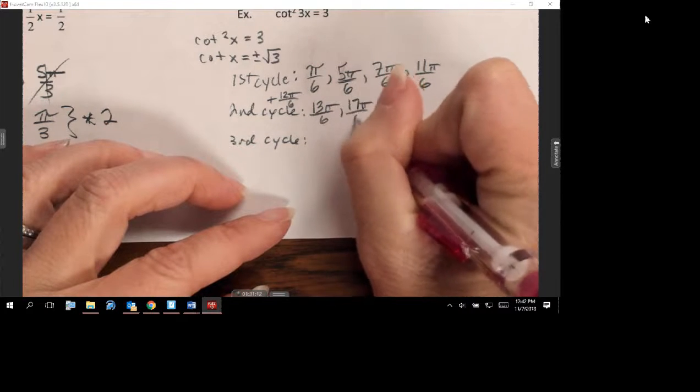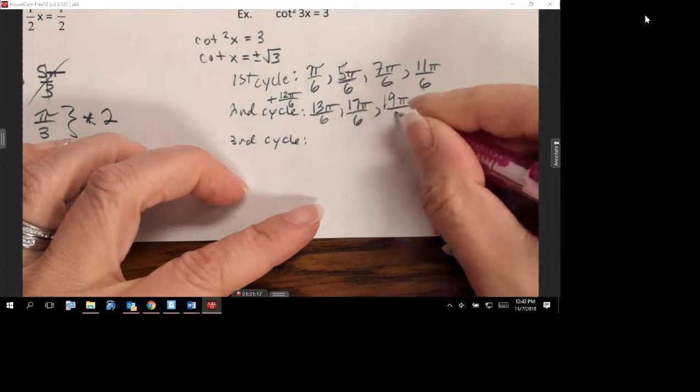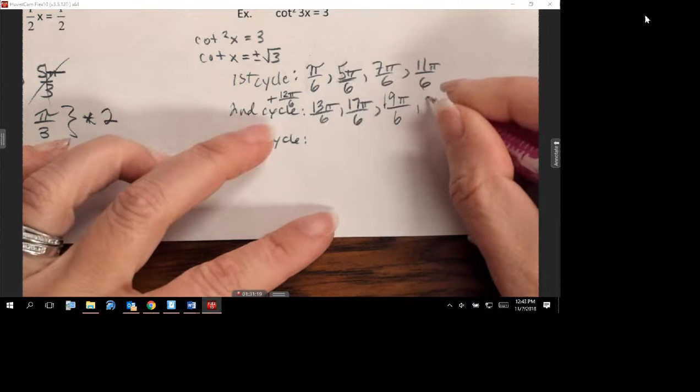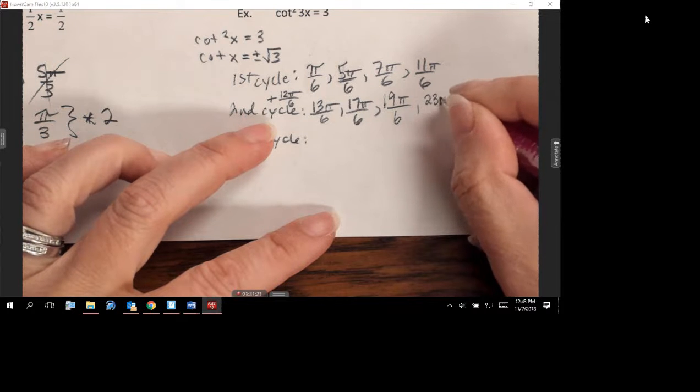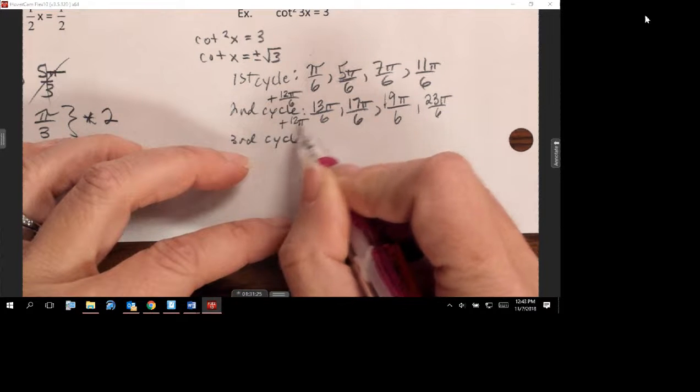17 pi over 6. It's not too much. We're going to add another 12 pi over 6.